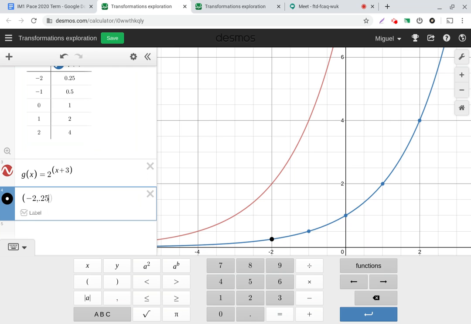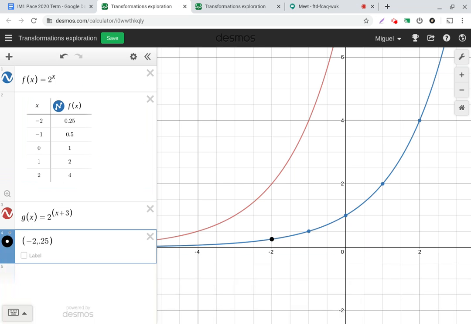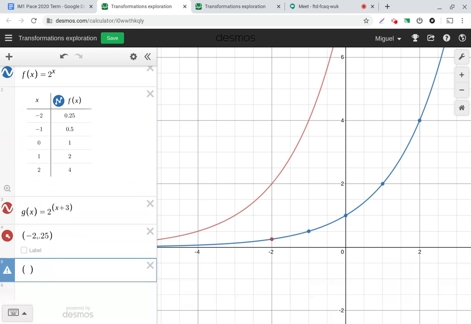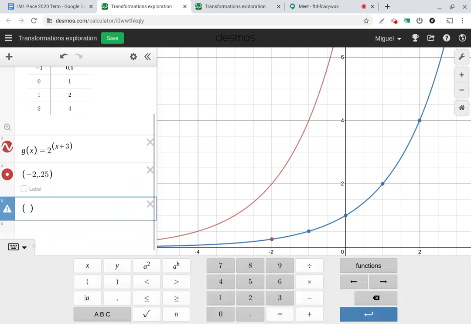So where is the matching one on the red that matches that exact same point? What do you think, Ethan? What do you think the matching one would be? Positive? Negative 0.25.